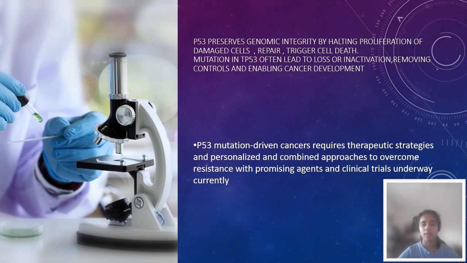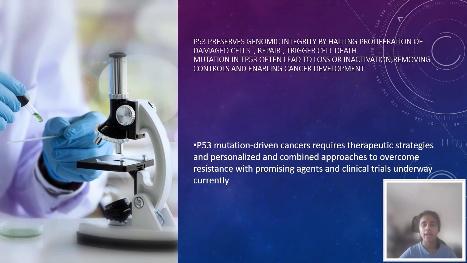In conclusion, p53 is a very important, critical tumor suppressor gene. It preserves genomic integrity by halting the proliferation of damaged cells. It repairs the DNA and triggers cell death.